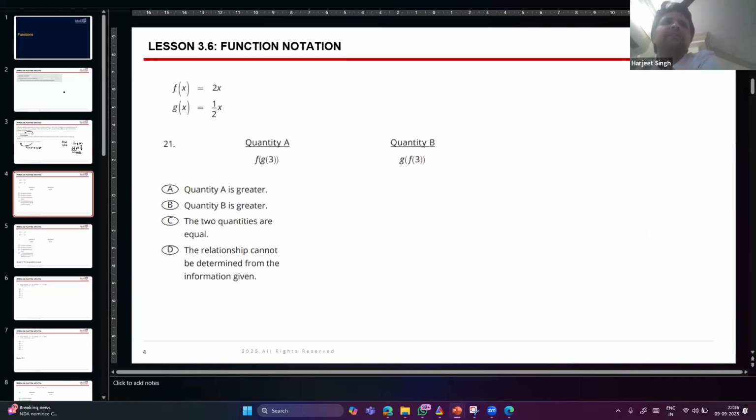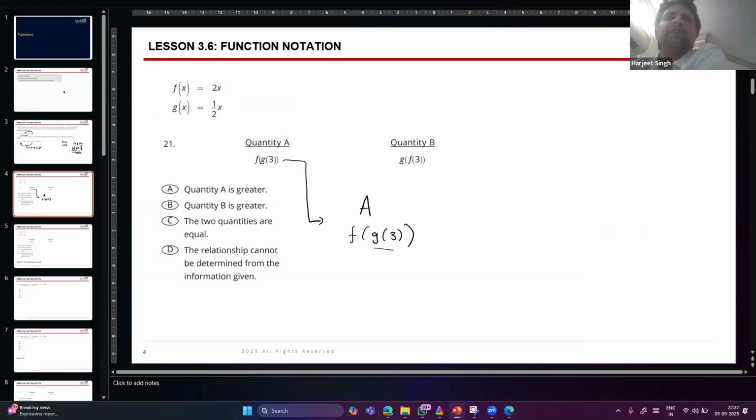Quant comparison. f of x is 2x and g of x is half x. Two different functions, and we are asking composites. So let's try to understand what is A. A is f of g of 3.